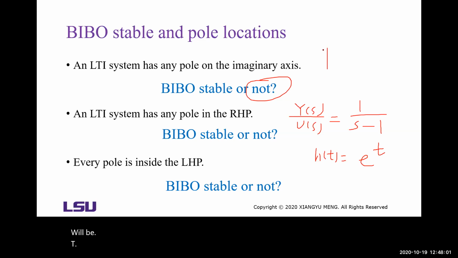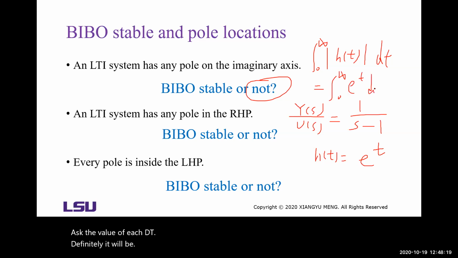Then if we integrate from 0 to infinity the absolute value of h(t) dt, definitely it will be unbounded. Therefore, if an LTI system has any pole in the right half plane, it is not BIBO stable.